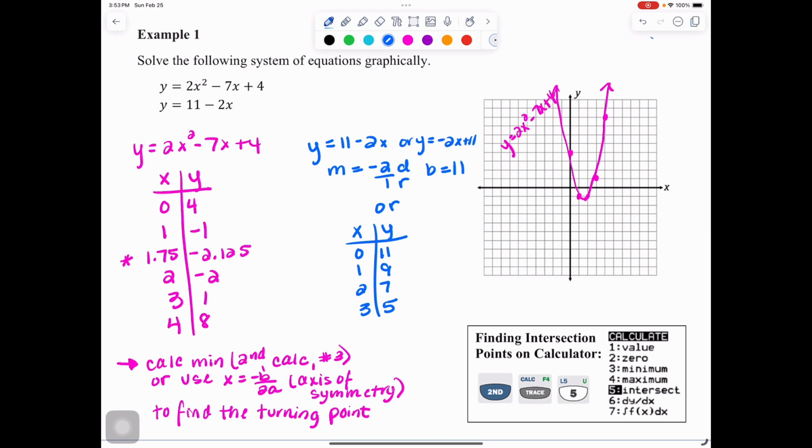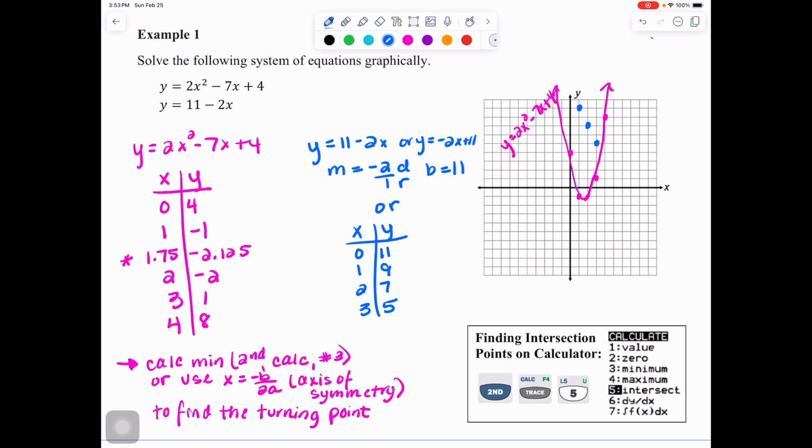Now, the table of values is going to come in handy in this particular situation because our graph only goes from -10 to 10, and our y-intercept is 11, which is off of the graph. So I'm actually going to skip 0, 11. I'm going to do 1, 9, 2, 7, 3, 5.